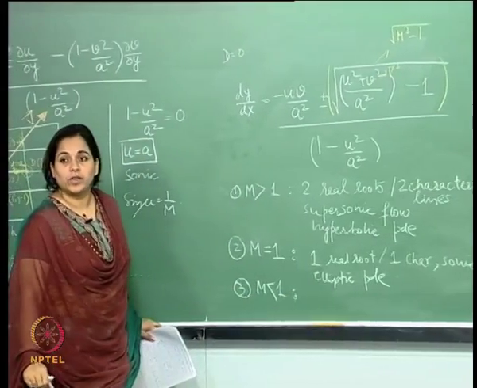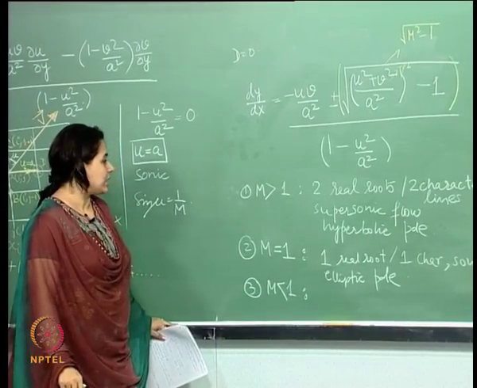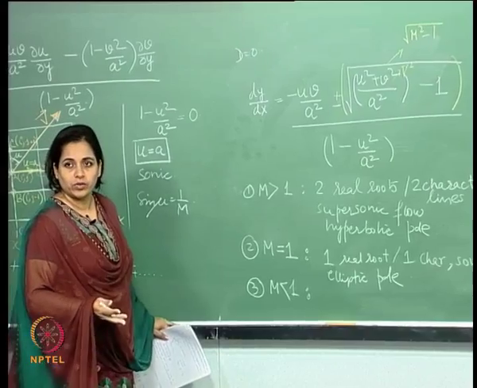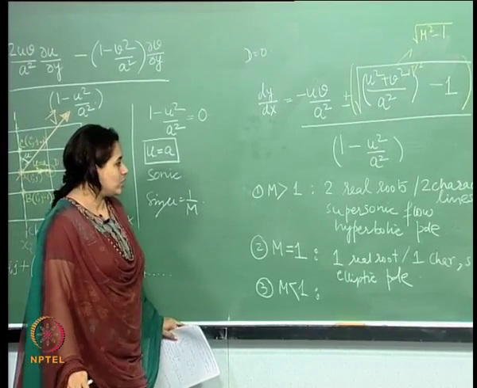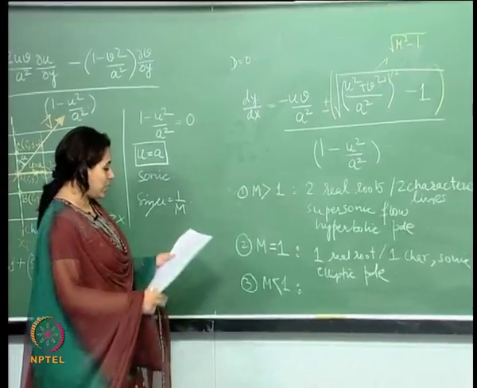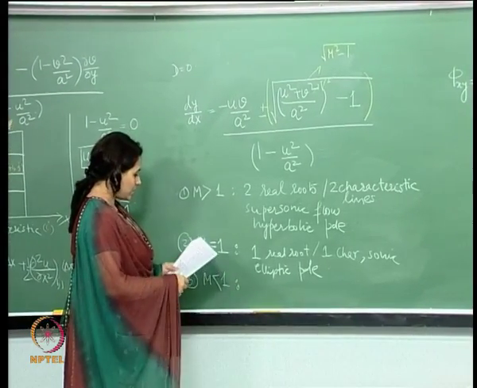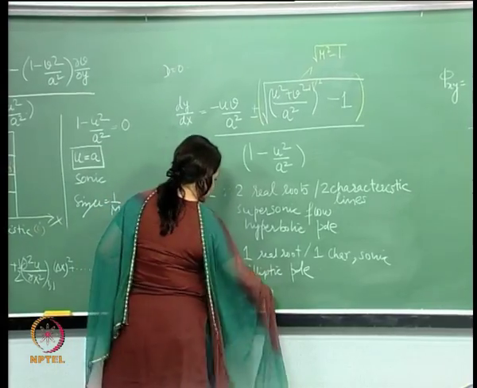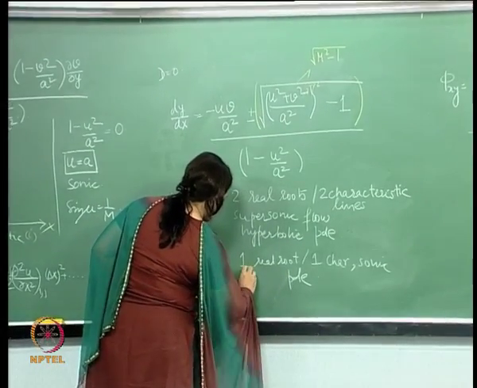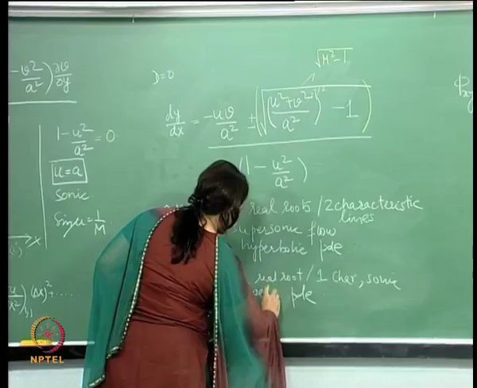Now, if we have the third case, if it is subsonic, so if m is less than 1, you will have imaginary roots. Sorry about that. So the sonic case is essentially parabolic.